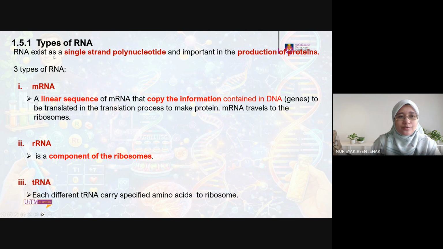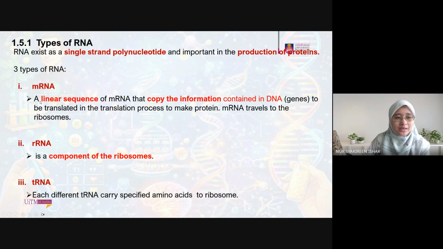Okay, so types of RNA. RNA exists as a single strand polynucleotide and is important in the production of proteins. Three types of RNA. The first one is mRNA, messenger RNA. Write in your notes, please.